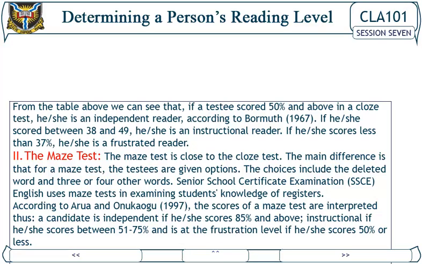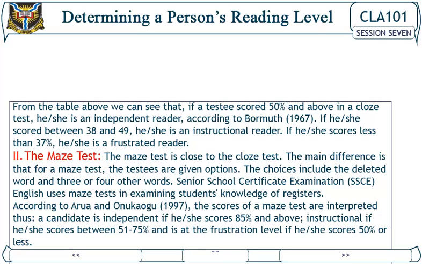2. The maze test. The maze test is close to the cloze test. The main difference is that for a maze test, the testees are given options. The choices include the deleted word and 3 or 4 other words. Senior School Certificate Examination, SSCE, English uses maze tests in examining students' knowledge of registers.